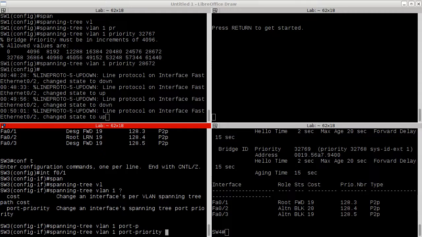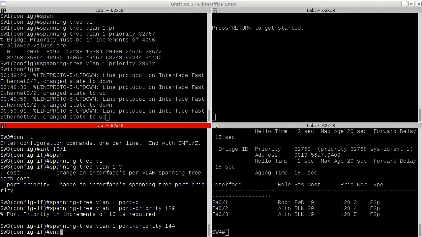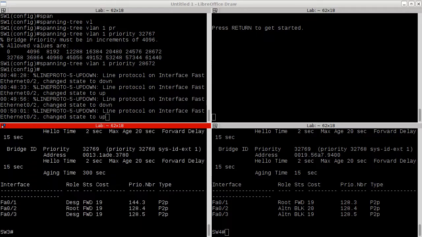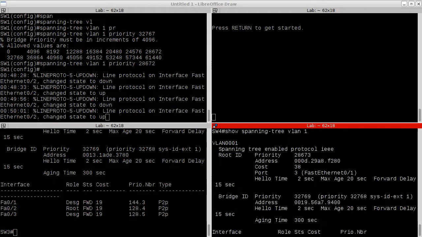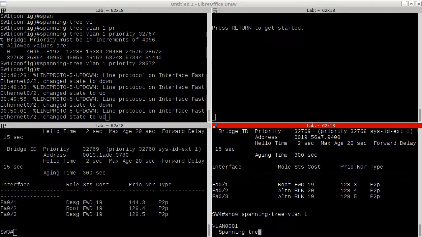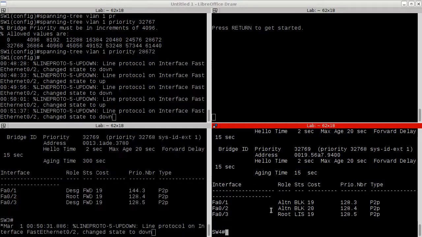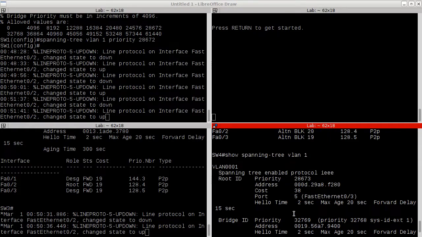So that's a 128, so let's make this one 129. And look, see there's... All right, so it does look like it's the sending priority that determines which link is active, because we just saw these swapped up here.